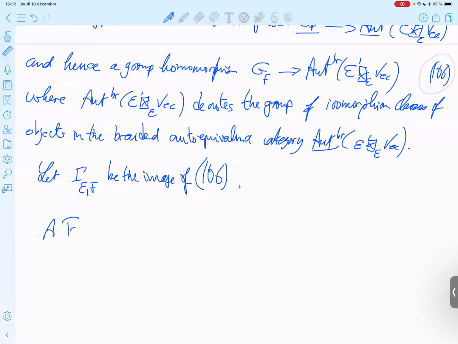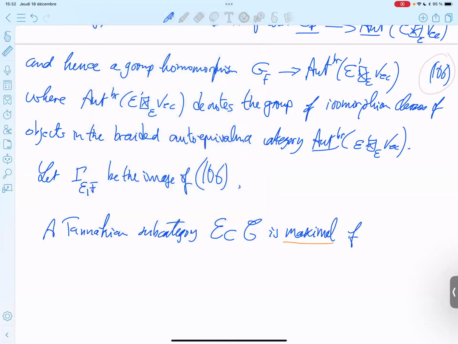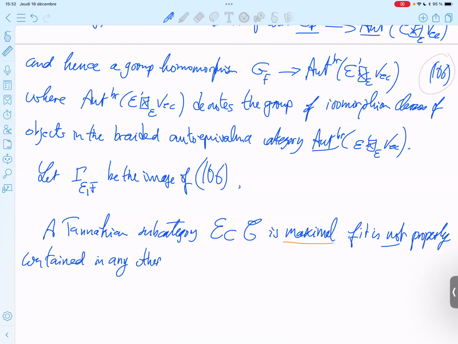As you can expect, a Tannakian subcategory E in C is maximal if it is not properly contained in any other Tannakian subcategory.